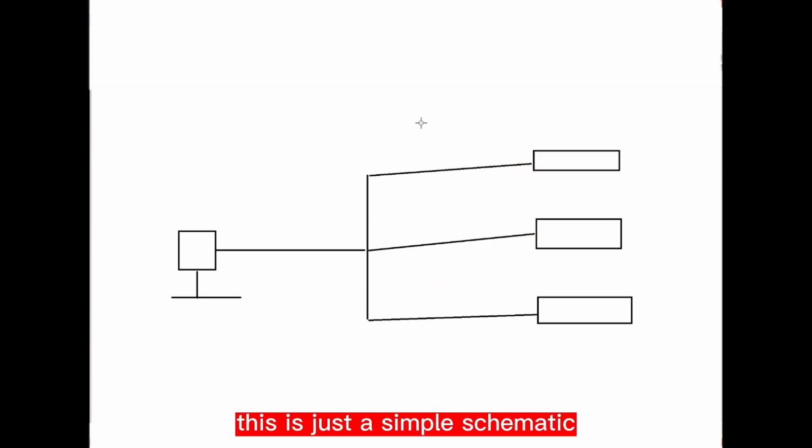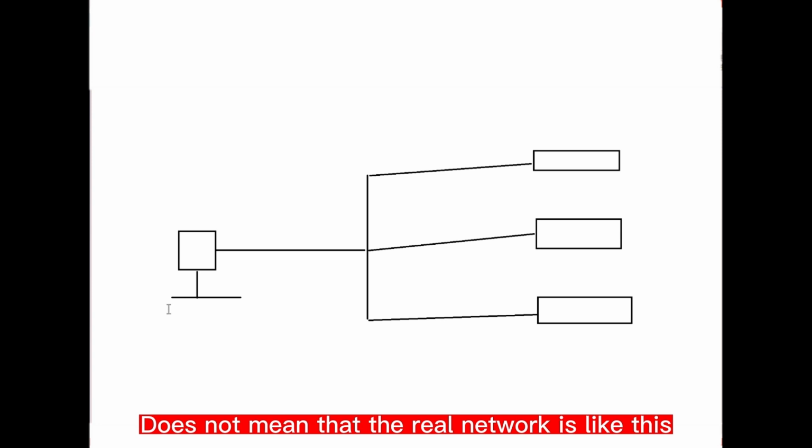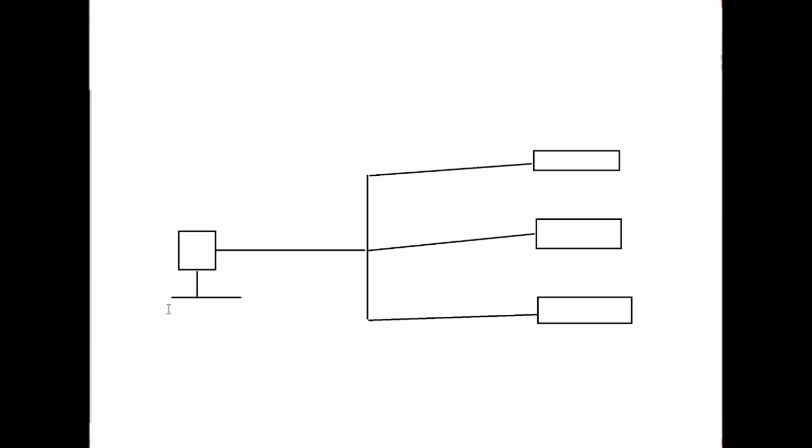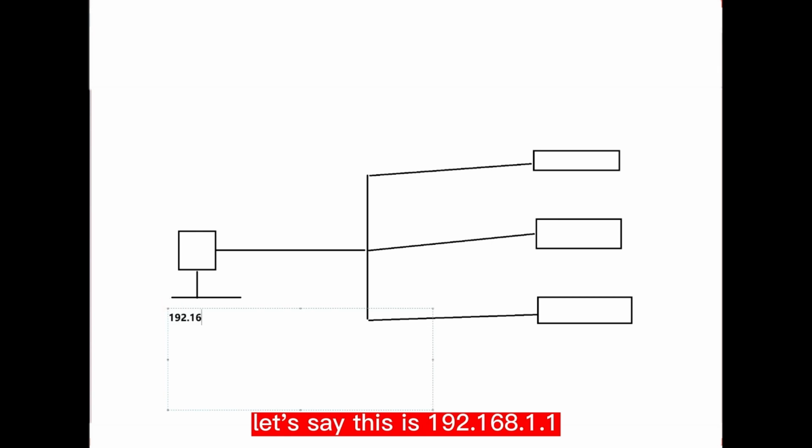There are 3 lines here, connecting them separately. This is just a simple schematic, and does not mean the real network is like this. First make an address plan. Let's say this is 192.168.1.1. Different ports correspond to different applications.